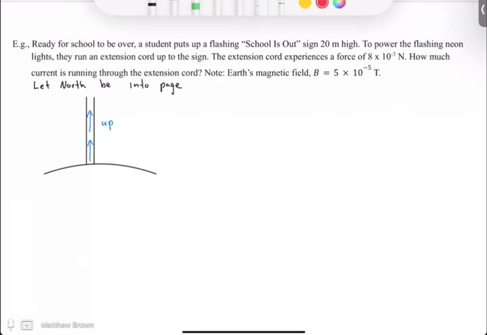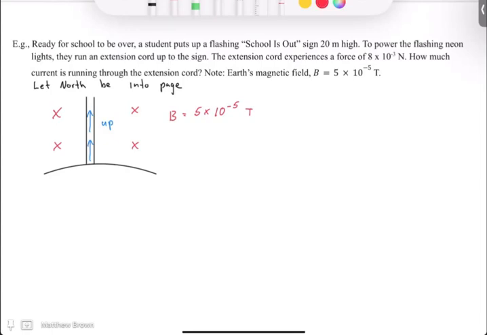So that means our magnetic field would be into the page. And really here we just want to figure out the amount of force anyway.